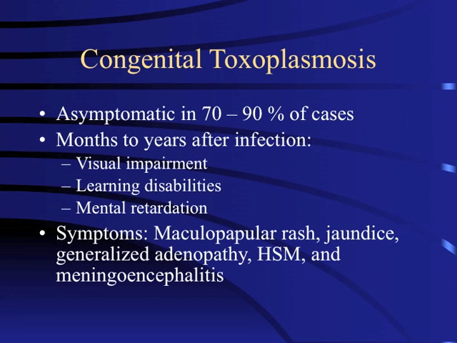And this baby ended up having congenital toxoplasmosis, which can be asymptomatic in the majority of the cases. But months to years after infection, if it is not treated, it can lead to visual impairment, learning disabilities, and mental retardation. The babies that are symptomatic usually show a maculopapular rash, jaundice, generalized adenopathy, hepatosplenomegaly, and meningoencephalitis.